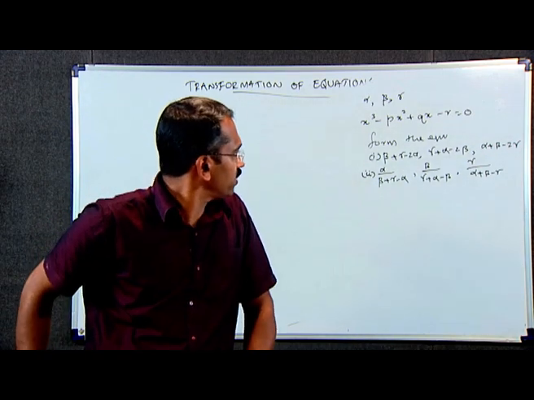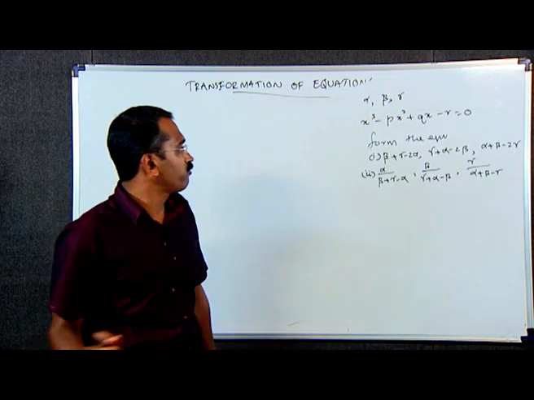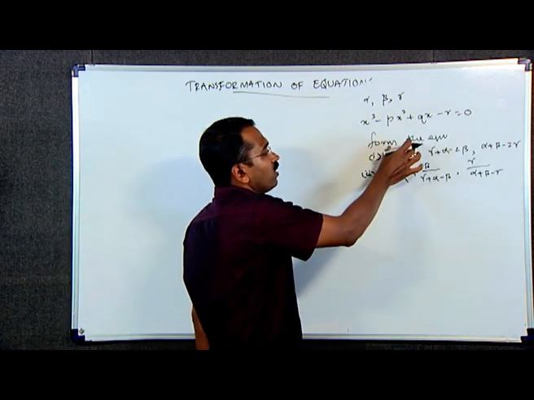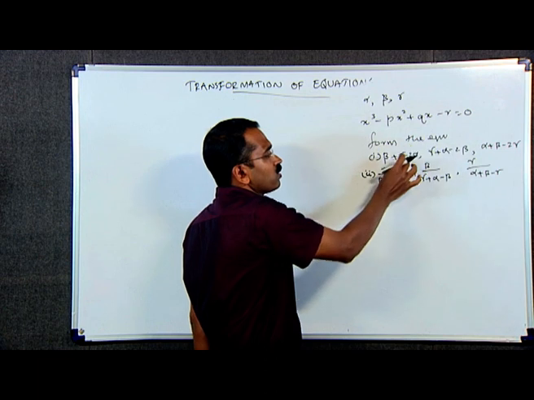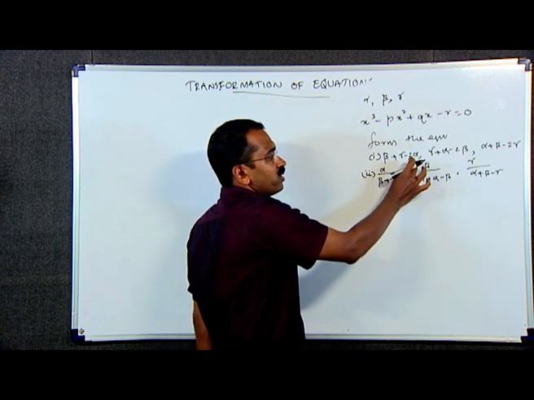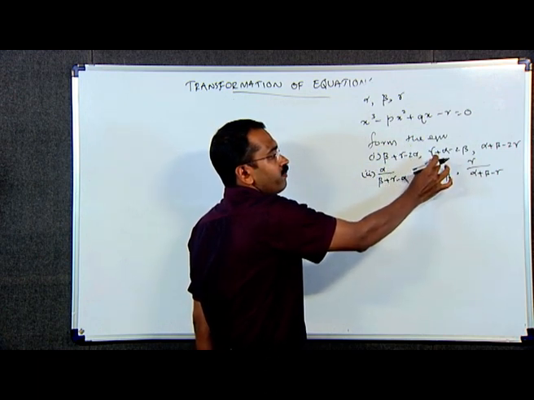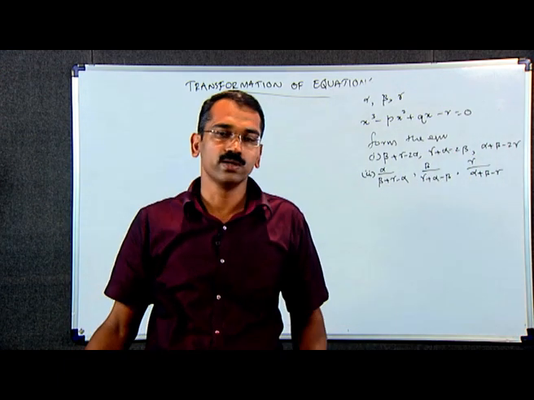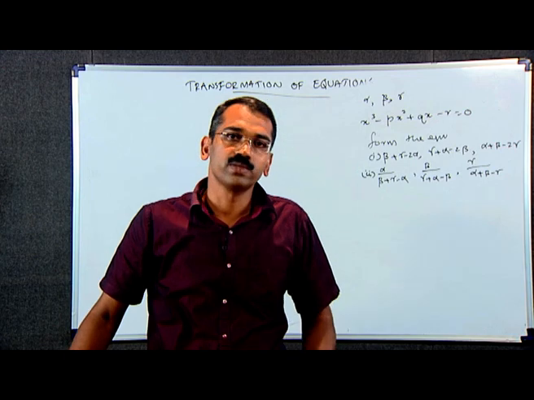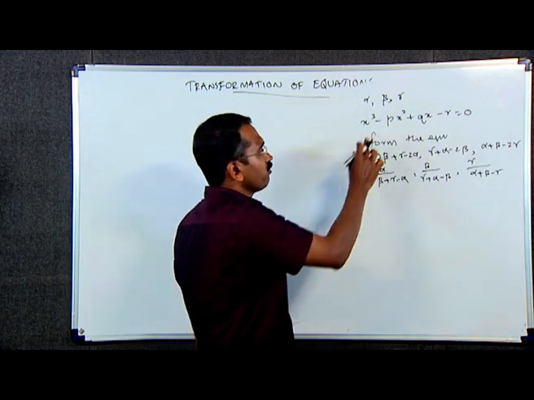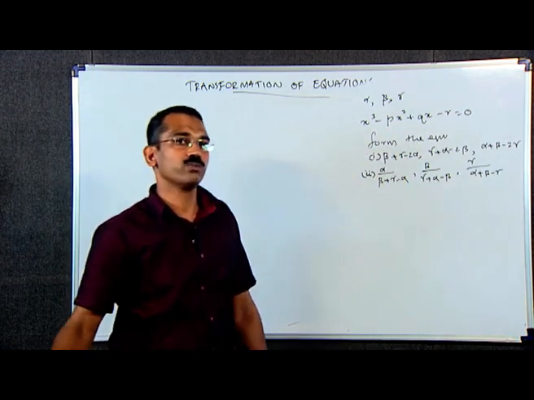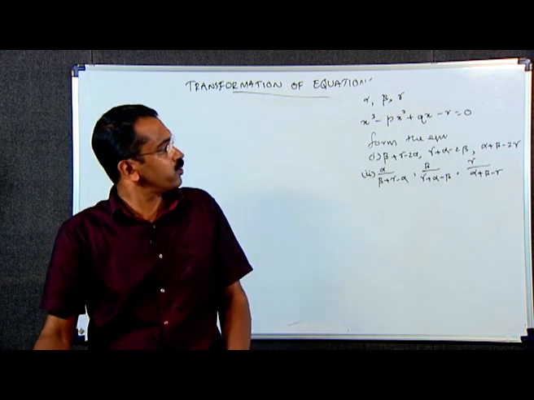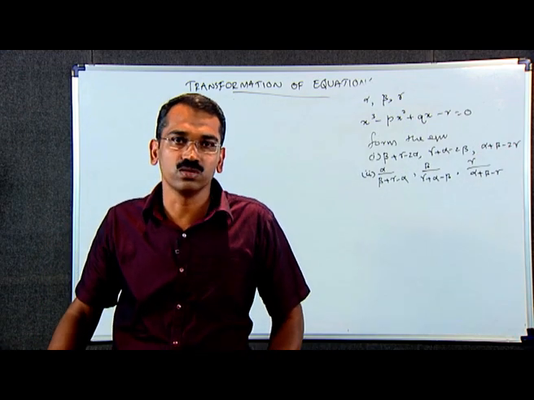Consider the first case. We have to form an equation whose roots are beta plus gamma minus 2 alpha, gamma plus alpha minus 2 beta, and alpha plus beta minus 2 gamma, where alpha, beta and gamma are the three roots of the given equation x cube minus p x square plus q x minus r is equal to 0.